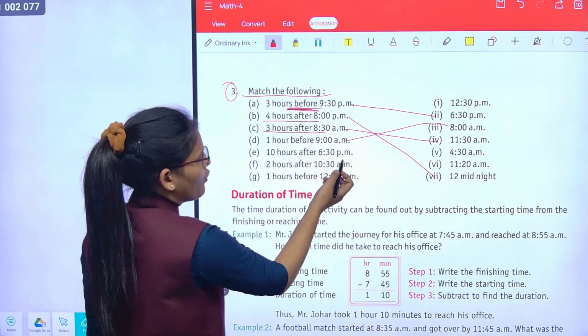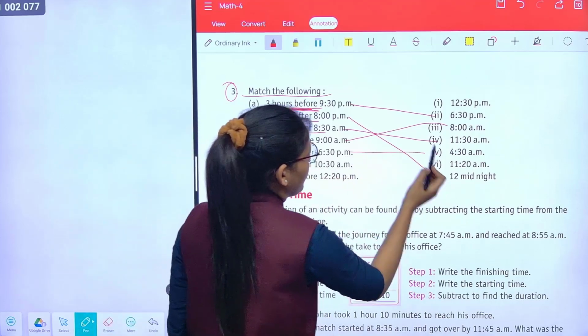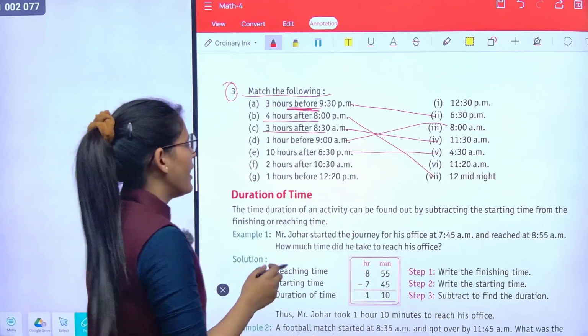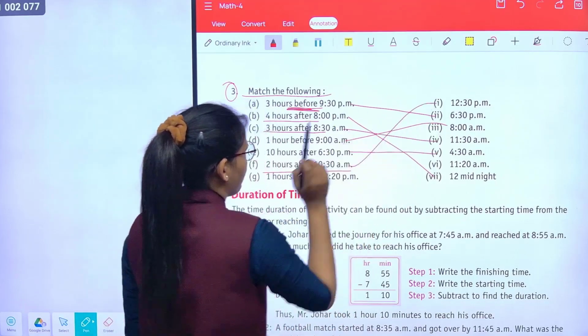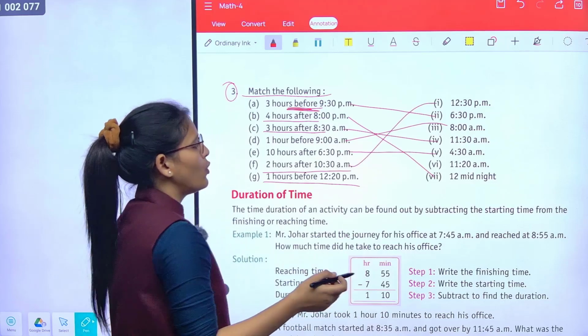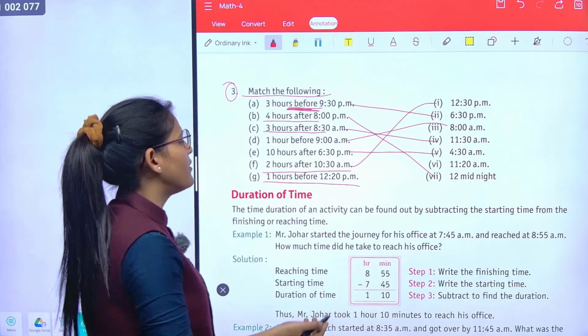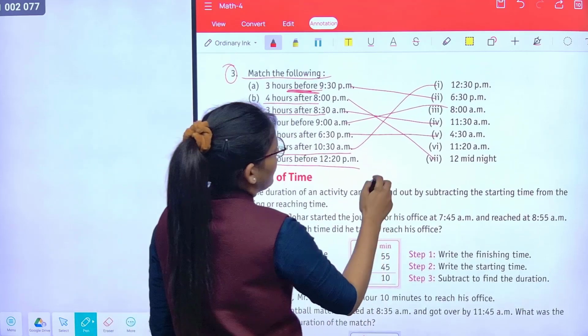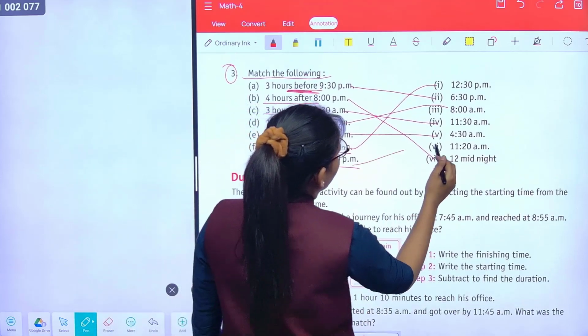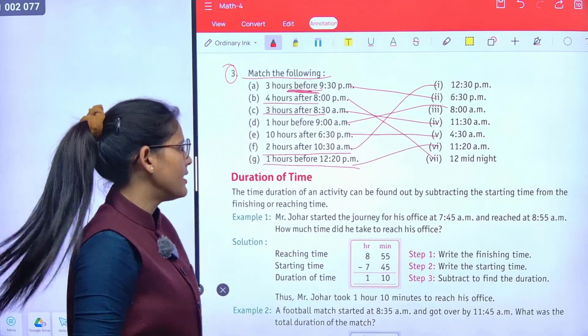That is 4:30 AM. Okay. Now 2 hours after 10:30, that is 12:30 PM. 1 hour before 12:20 PM, that is 11:20 AM. Understand class?